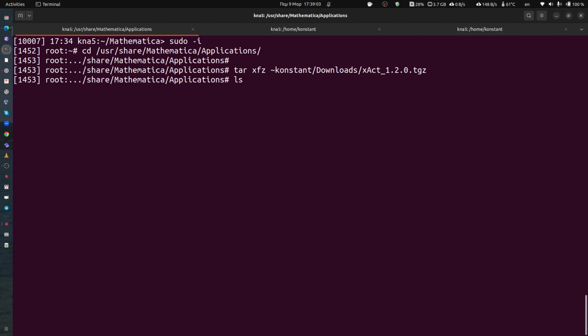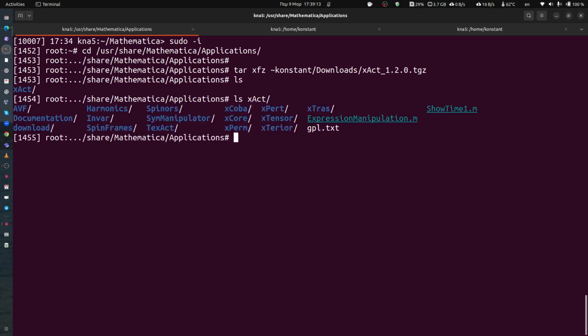When this is done successfully, there is a subdirectory here called xAct that has many files, and the package can be loaded in your Mathematica session. So that's all.